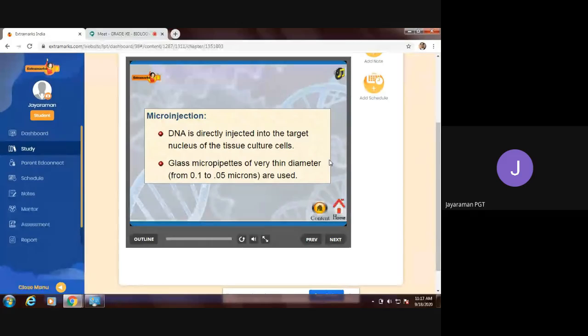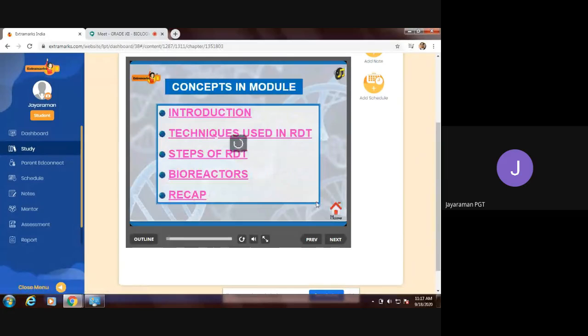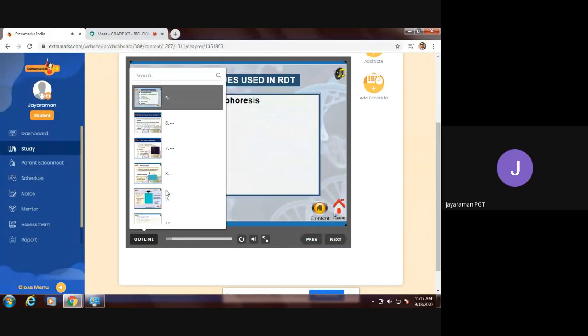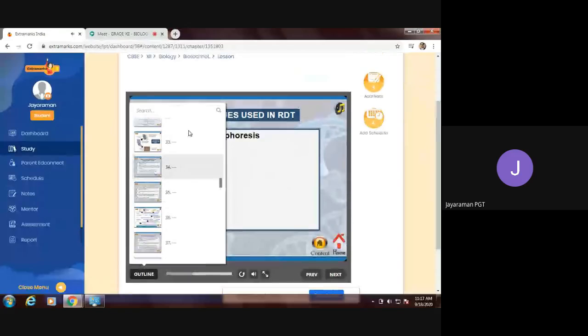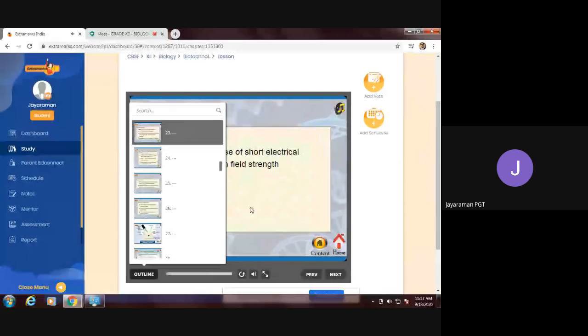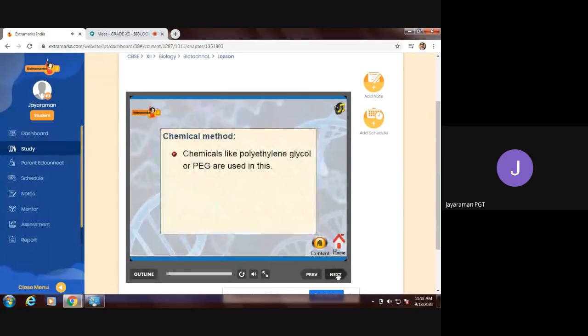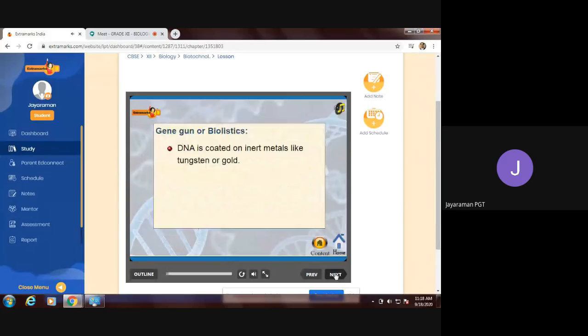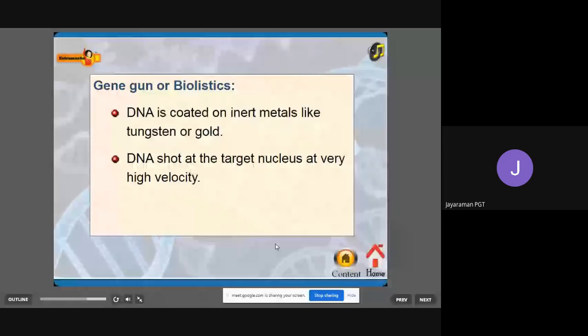Directly, the gene is placed with the help of injection. So here DNA is coated with the inert metals.